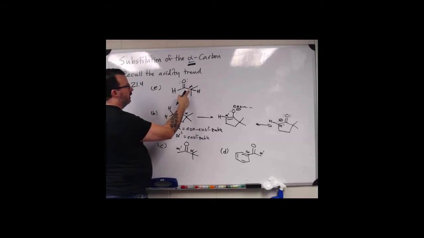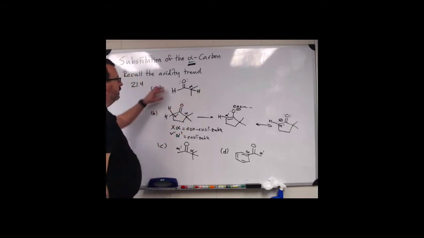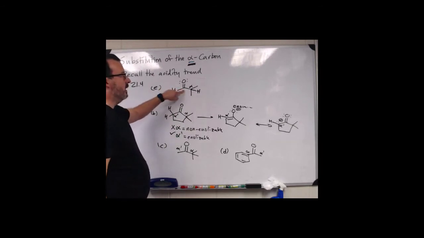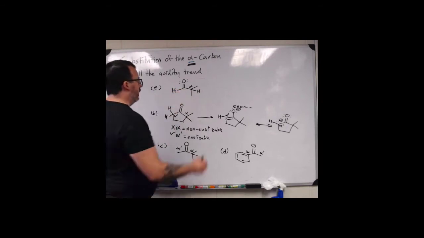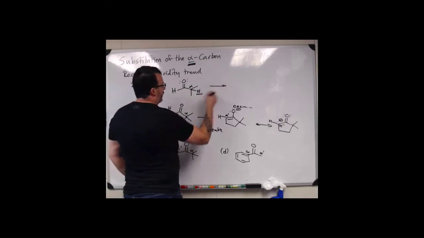Like we said, aldehyde, carboxylic acid, ester, amides: the thing bonded to the carbonyl is not carbon. We really only have one alpha carbon to deal with. We have a single alpha hydrogen. So if we treat that with base, we would get the following enolate.